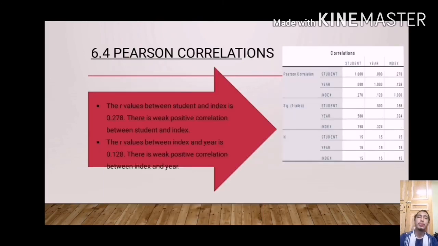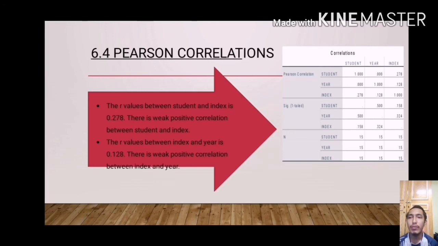Last, I want to talk about Pearson correlation. We have to do the same way. We need to look at the table. From the table, the R value between student and index is 0.278.